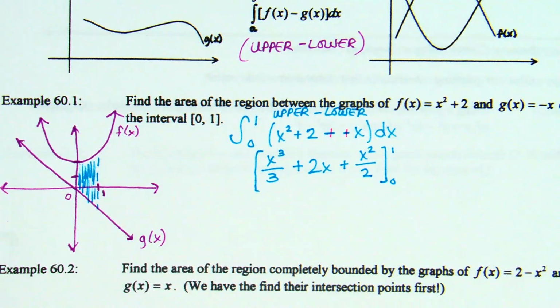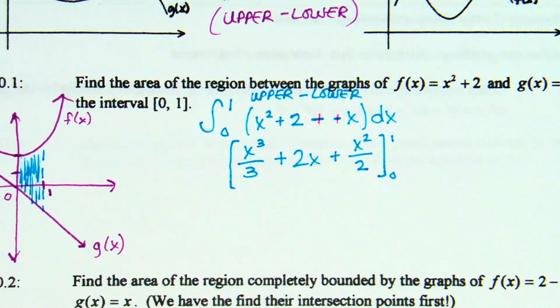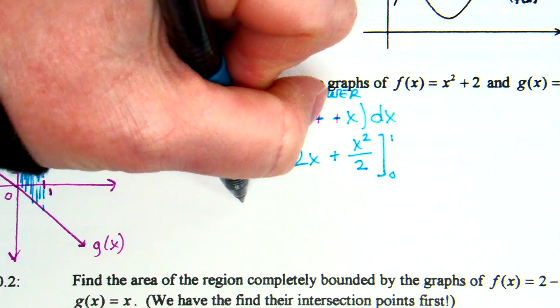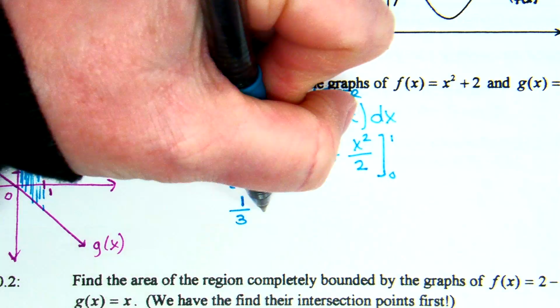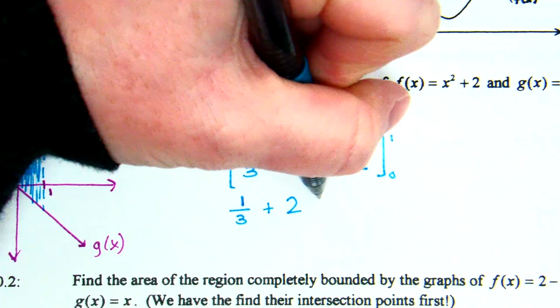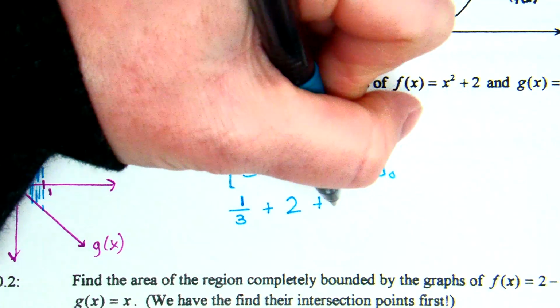So now what do I do? Okay, plug in the top, and then minus what you get when you plug in the bottom. So when I plug in 1, 1 cubed over 3, so 1/3, plus 2 times 1, 2, plus 1 squared over 2, 1/2.